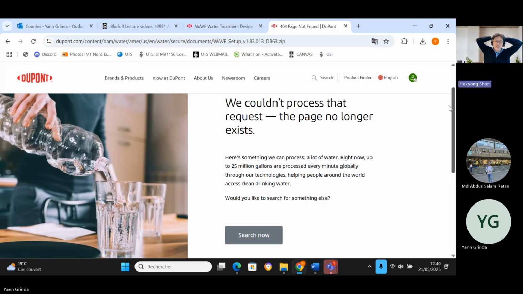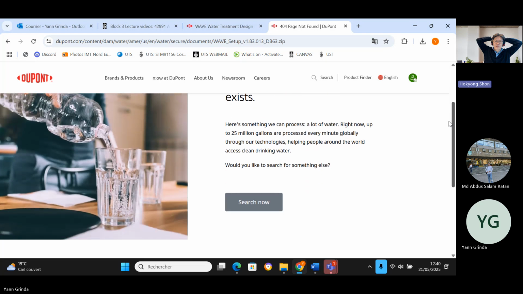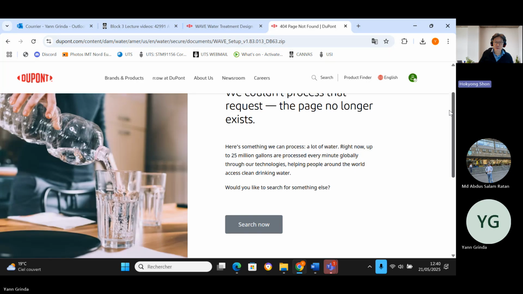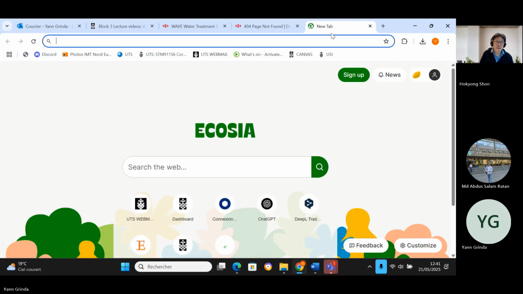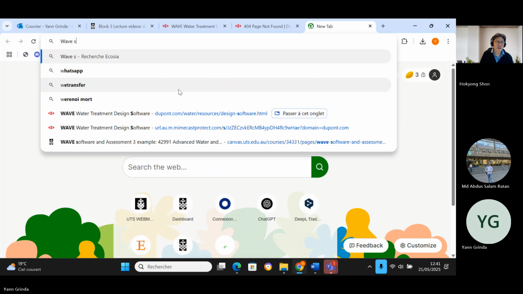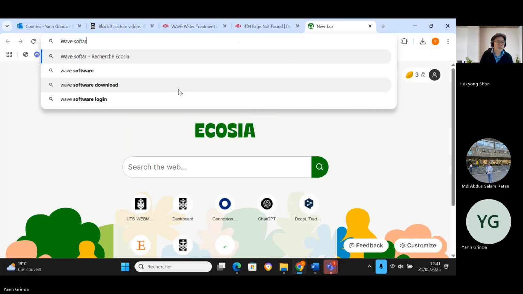The page no longer exists. Can you put in Google the wave software?